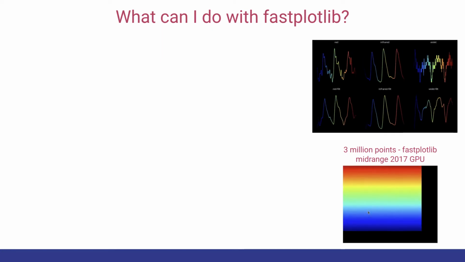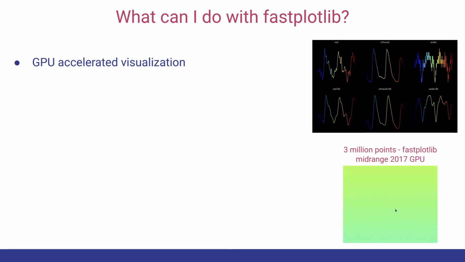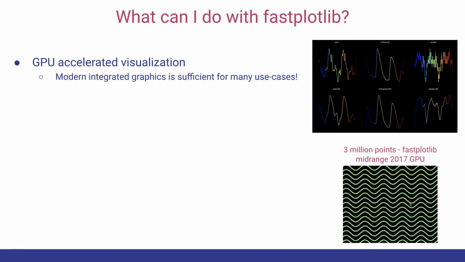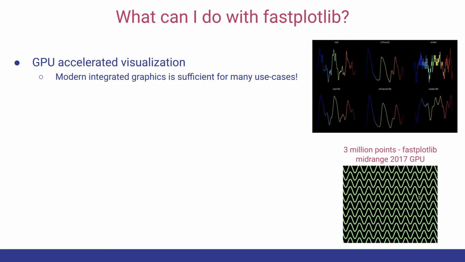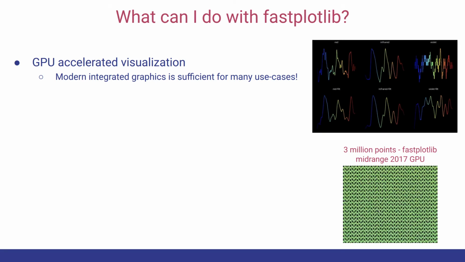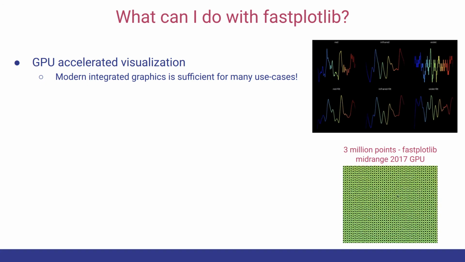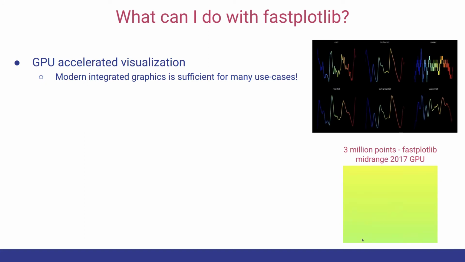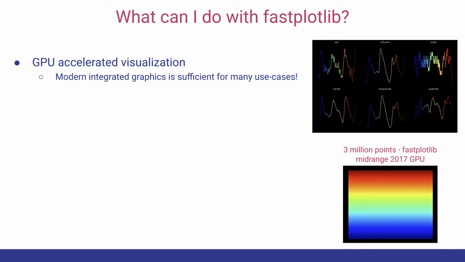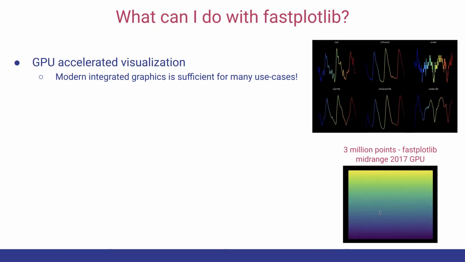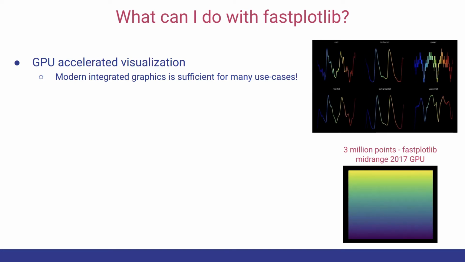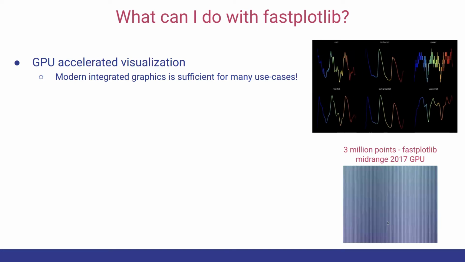So, what can I do with fastplotlib? It's GPU accelerated visualization. And honestly, for most use cases, the integrated GPU that you have in your laptop is sufficient. What you're seeing in the bottom right is a visualization that Kushal and I did very early on, when fastplotlib was just coming about, on his old laptop GPU.